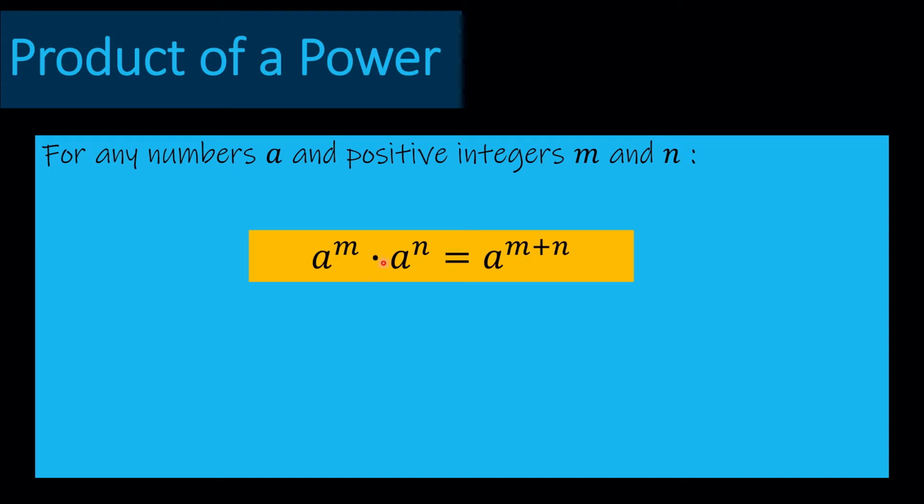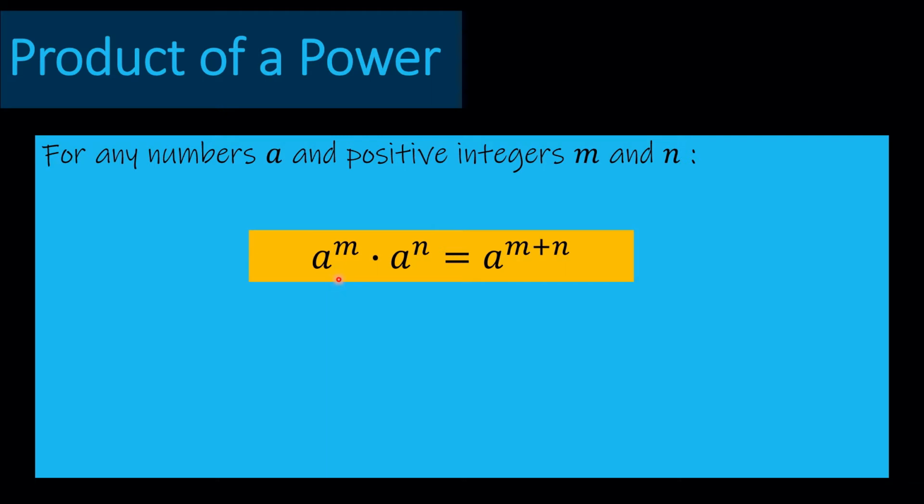Also note that we can only apply this law of exponent if we are dealing with power expressions of the same base. So you look at the bases of the power expressions. In this power expression, the base is a. On the next power expression, the base is also a. So we can apply the product of a power if we are dealing with power expressions of the same base.